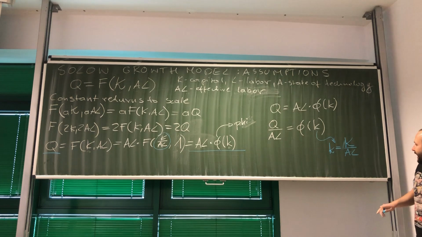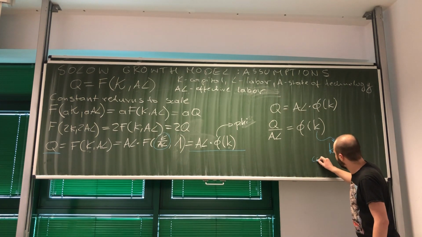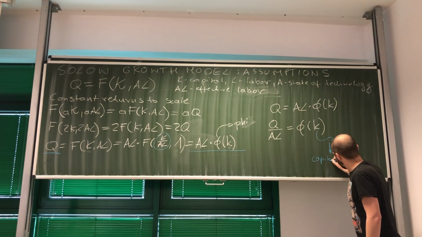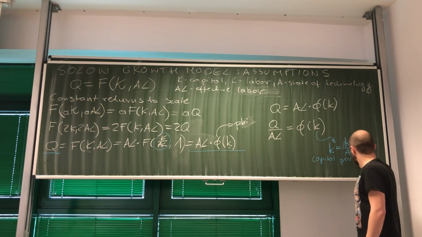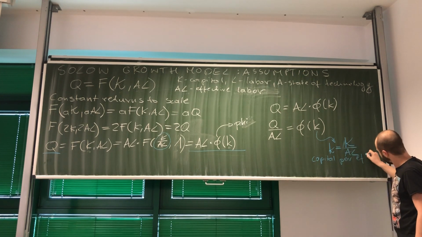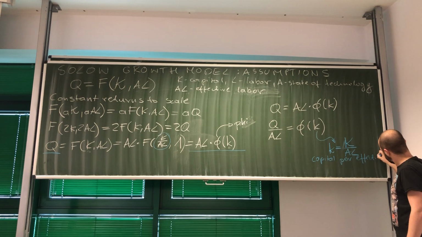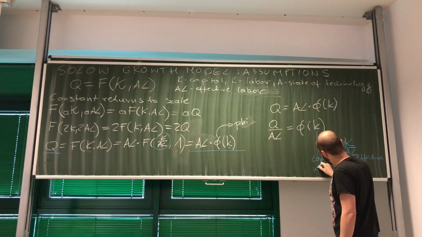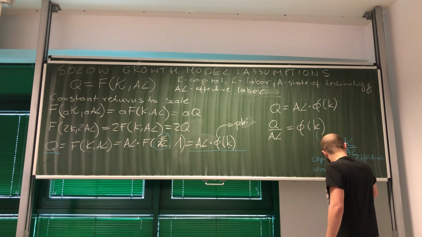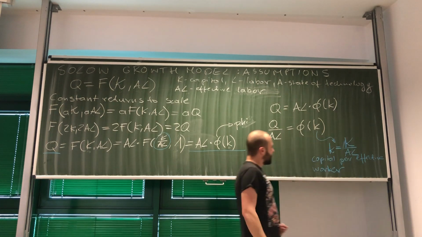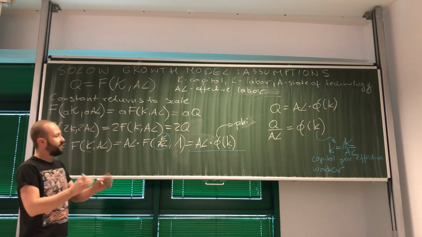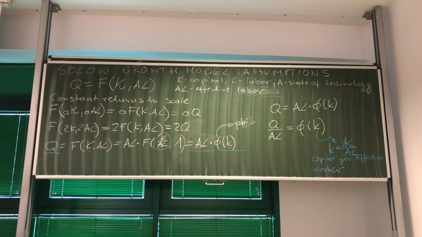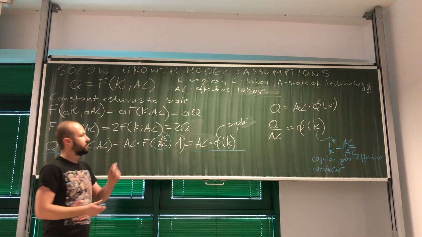This lowercase k is called capital per effective worker. So it is telling us how much capital we have per one worker, effective worker, of course.